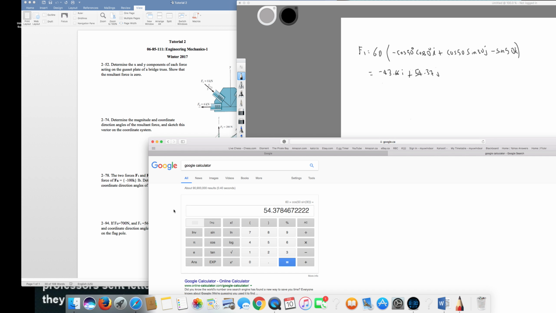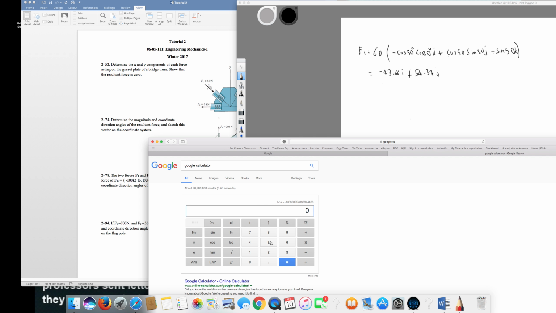and if I calculate this minus sine 50K, minus sine 50 times 60 is equal to, wait, we are doing something wrong.